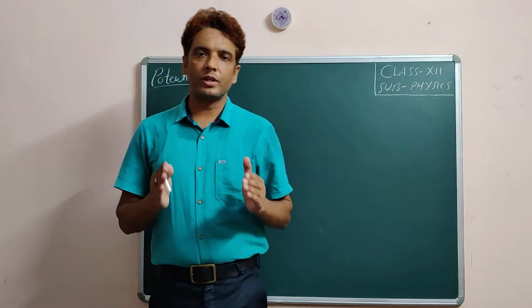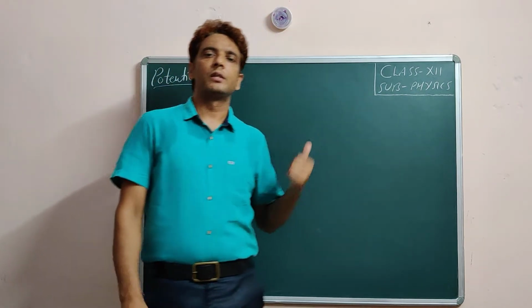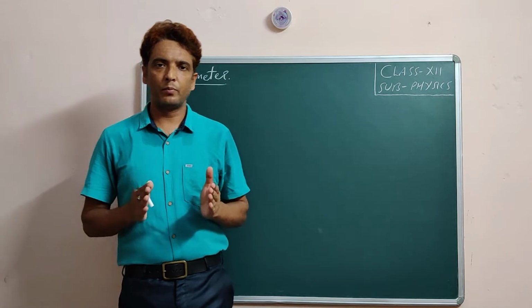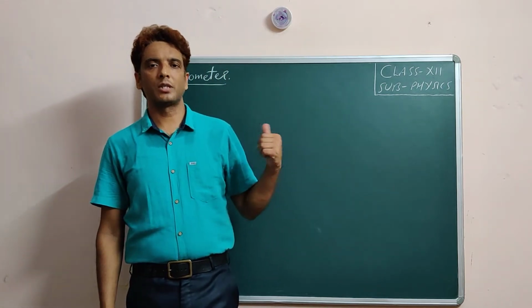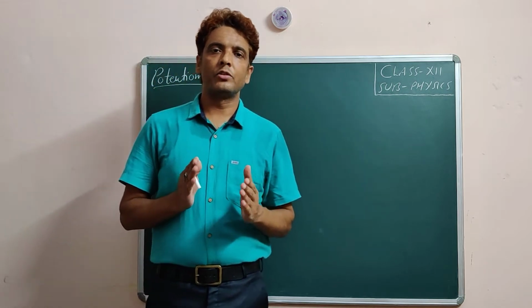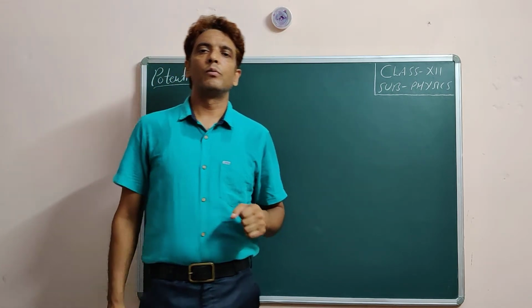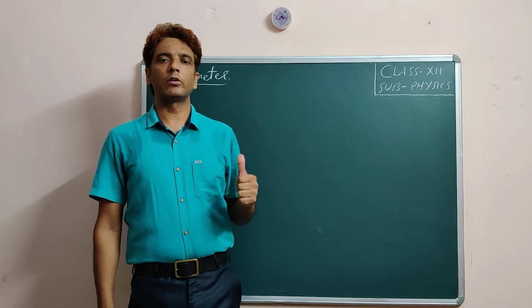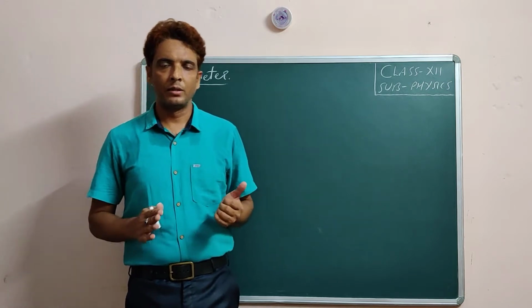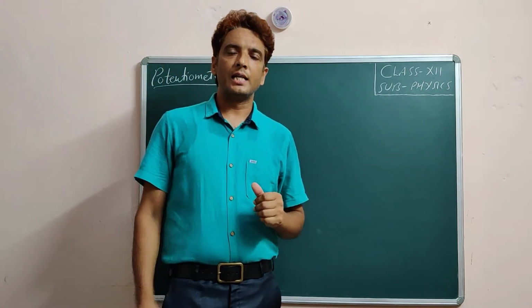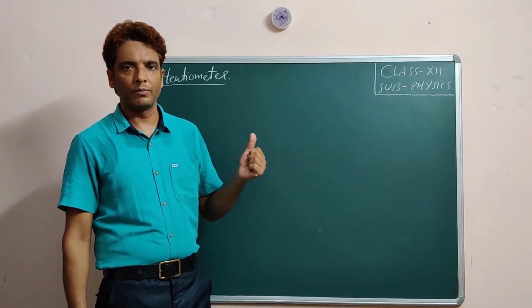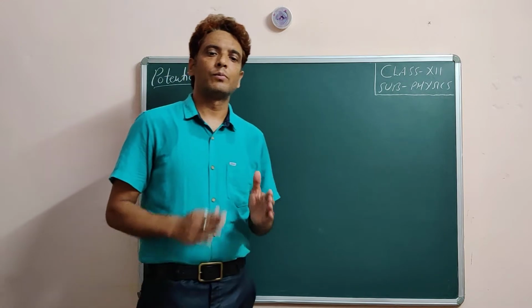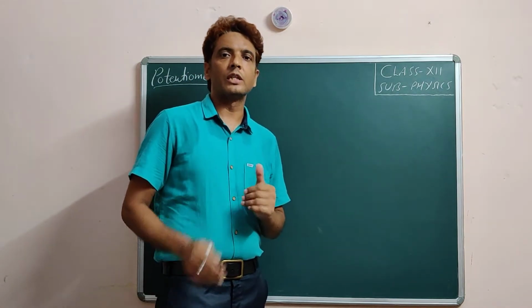Today I am going to start the topic potentiometer. As you know, in order to measure potential difference between 2 points or potential difference across a circuit, we need a device which is known as voltmeter. But voltmeter does not give the accurate reading of the potential difference which is measured by it, as it draws some current from the source of EMF or the source of potential difference connected across it.